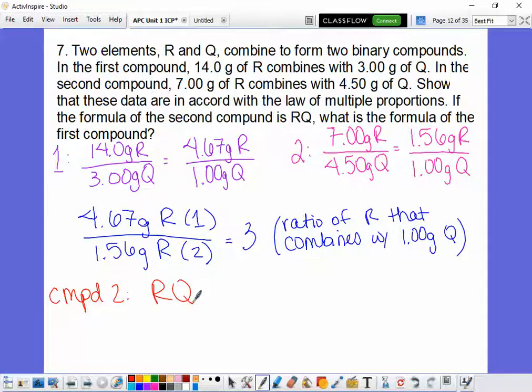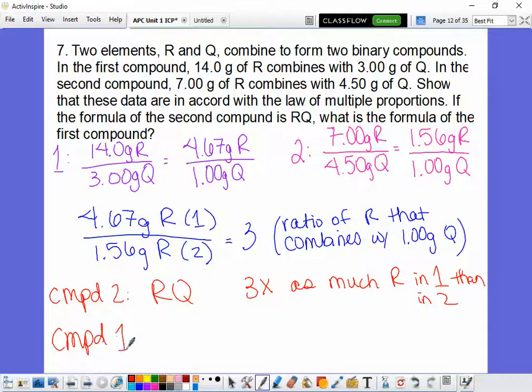We know it's that. Well, in compound 1, there's 3 times as many R as there is in compound 2. So therefore, what is the formula for compound 1? R3Q. Okay?